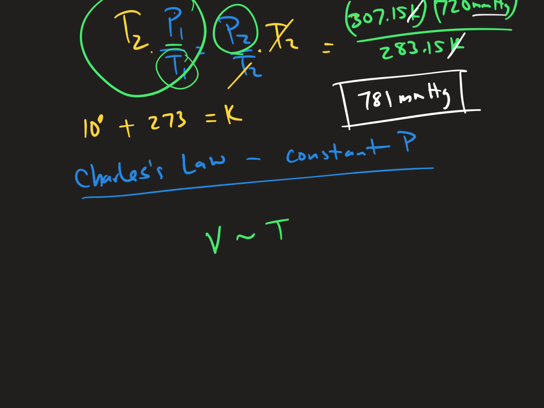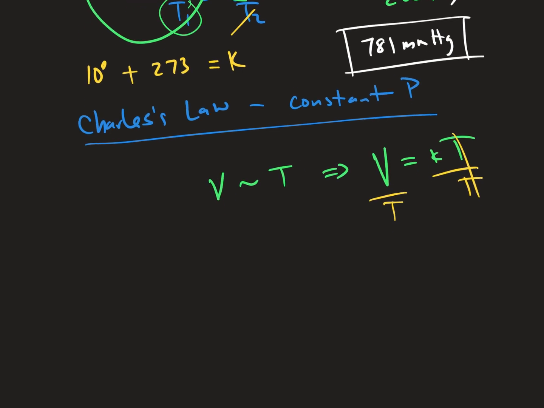So anyway, let's change this to an equation. Volume is equal to some constant times temperature, right? What are we going to do? Divide both sides by temperature to figure out what that constant is. Our constant is equal to volume divided by temperature. So what is our formula, ladies and gentlemen?